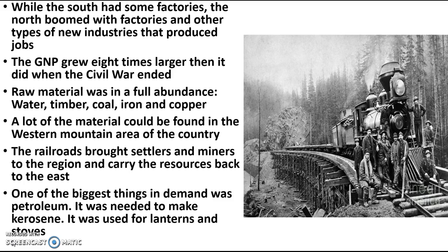Now, the railroad brought settlers and miners to the region, and not only that, these trains could carry a lot of weight and material. What they would do is carry the resources back to the East, where they don't have as much fresh water or as many trees. They might have had coal.